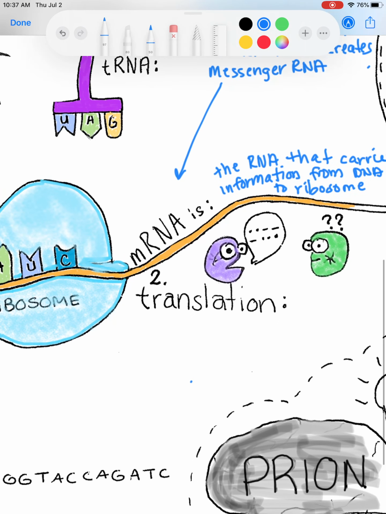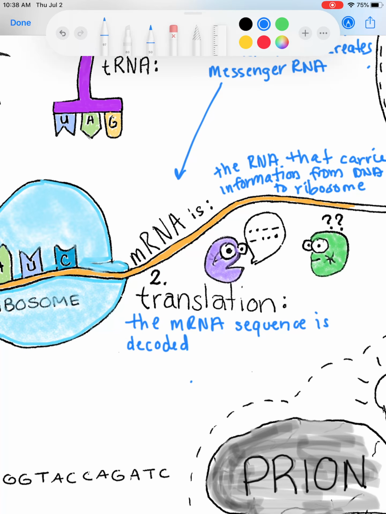But it has to be translated first because the body can't read what's in the RNA. So we have to go through translation. So the mRNA sequence is decoded.